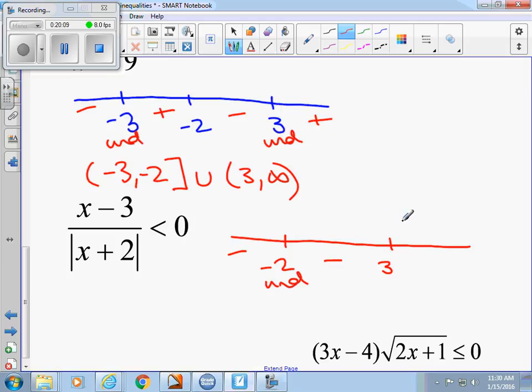So again, assuming is a bad idea. Assuming that we switch from positive to negative every time. 4, I would get a positive there. I want negatives. I do have to break it at -2. Do you agree with that? Why can't I just say negative infinity all the way to 3? There is no point at -2, so it's not a negative because there's nothing there. Does that make sense?